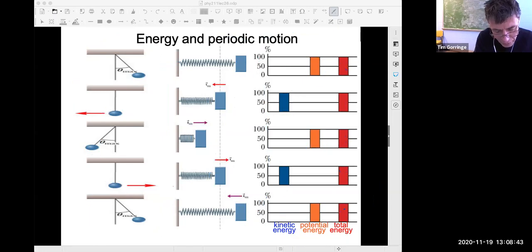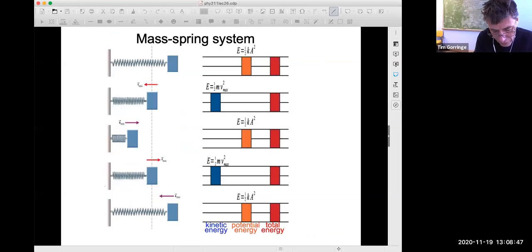Let's look at an example of energy. Now, I could have done a pendulum example, or I could have done a spring example, because we've just seen that the oscillations of the energy are really the same oscillations between kinetic and potential energy in the mass spring system and the pendulum system.